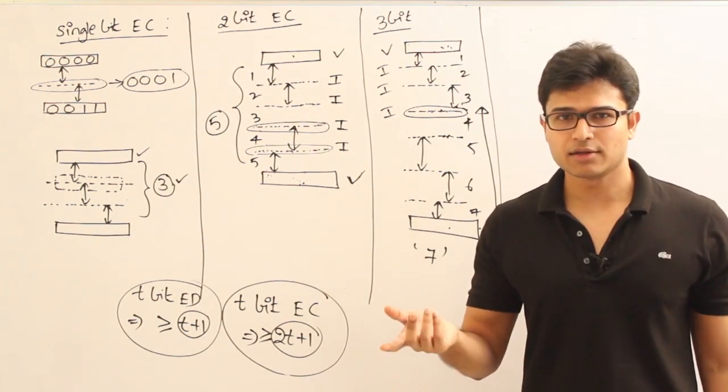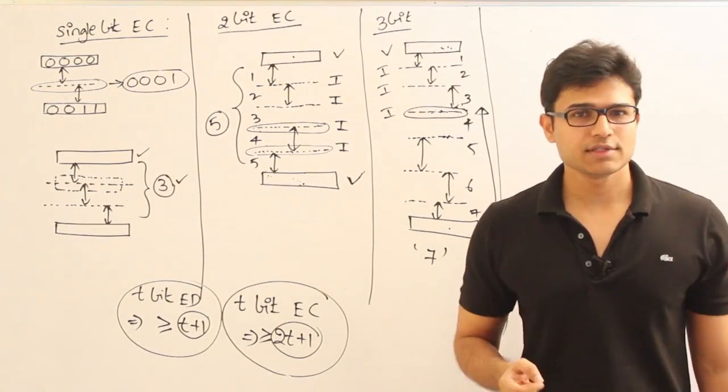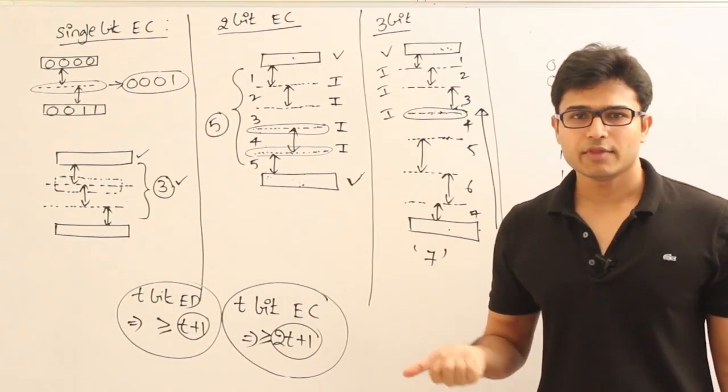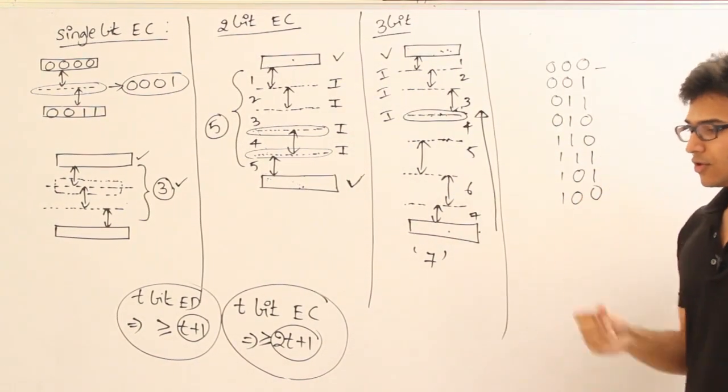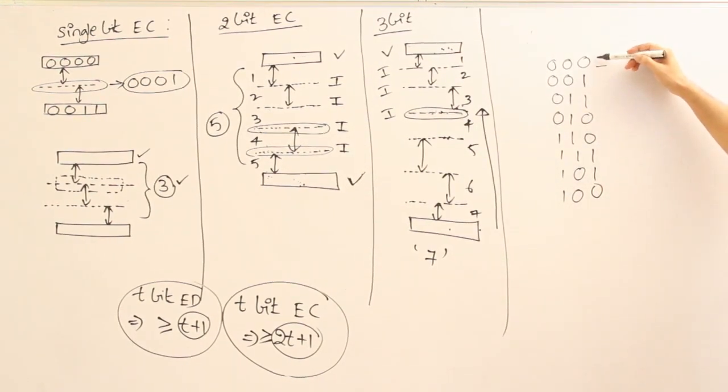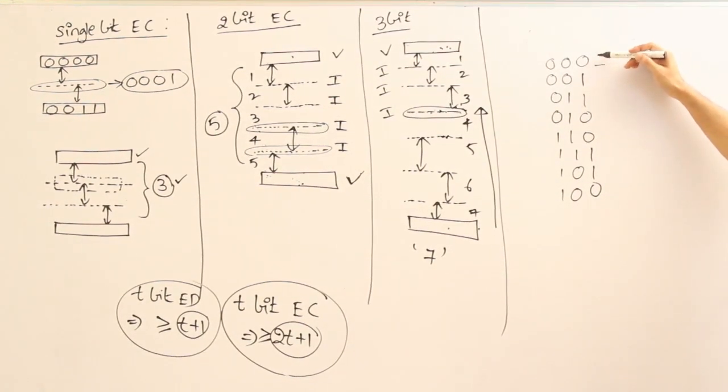If the total number of ones is made odd, that is called odd parity. Let us go with even parity. So I am going to add a bit here in such a way that the number of ones in the entire pattern is even.